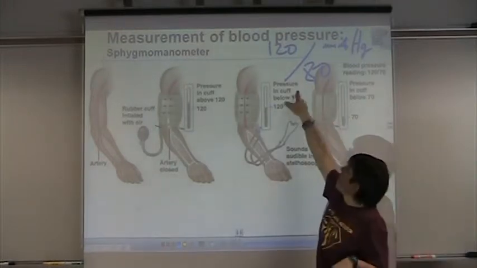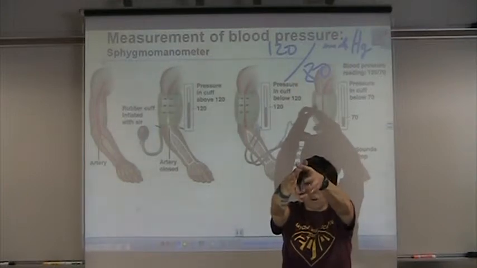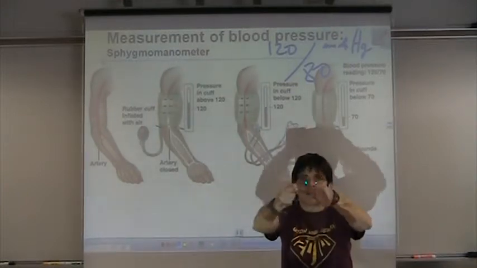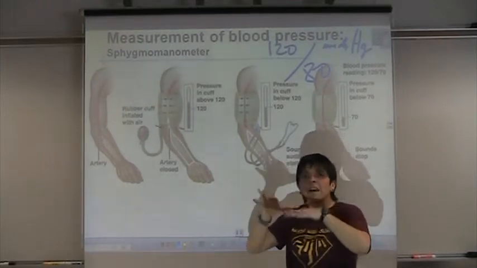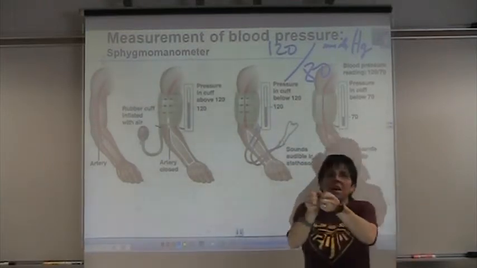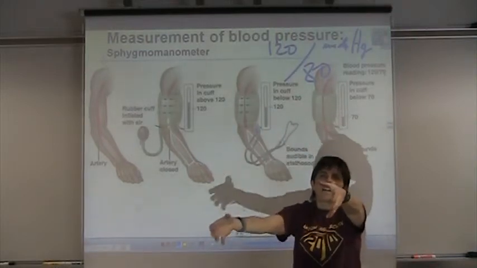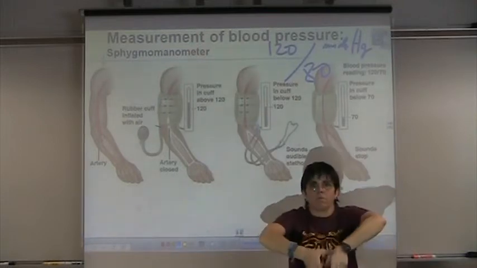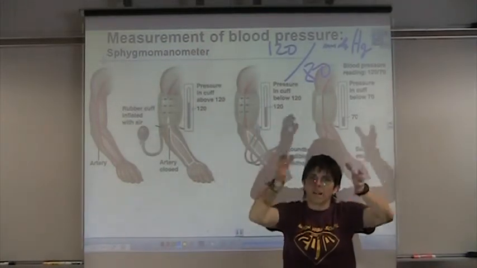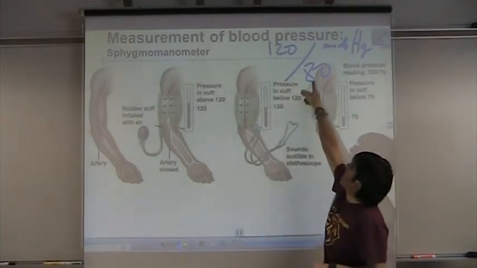And so the 120, always the first reading, is the reading of the pressure when your heart squishes. That's your systole, the squeeze of the heart. The other reading, the 80, is after your ventricles squeeze, they relax, and is the pressure with which they fill up, technically. So out and then relax. So high pressure, and then the lower pressure is this one.